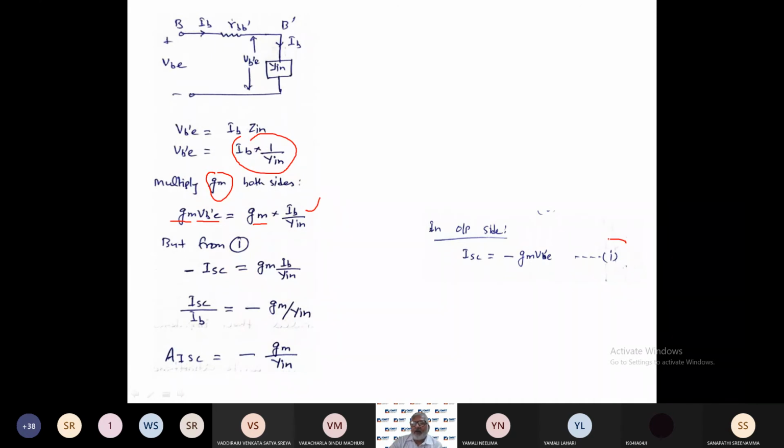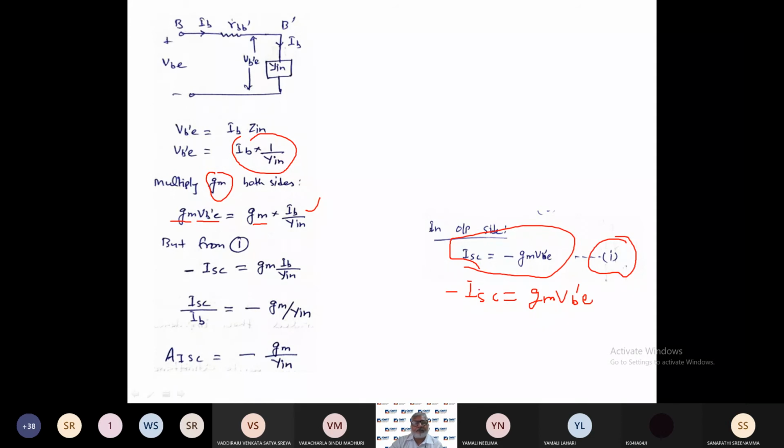Now I already know this expression 1, ISC by this. So now from 1, I minus ISC, the short circuit current, is equal to Gm VB dash E, right?